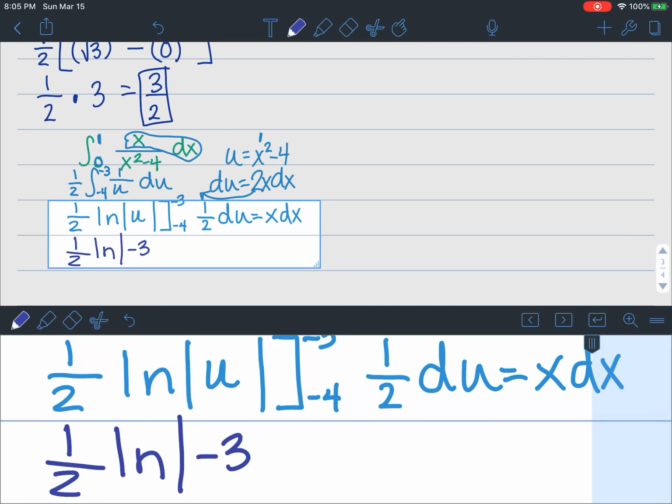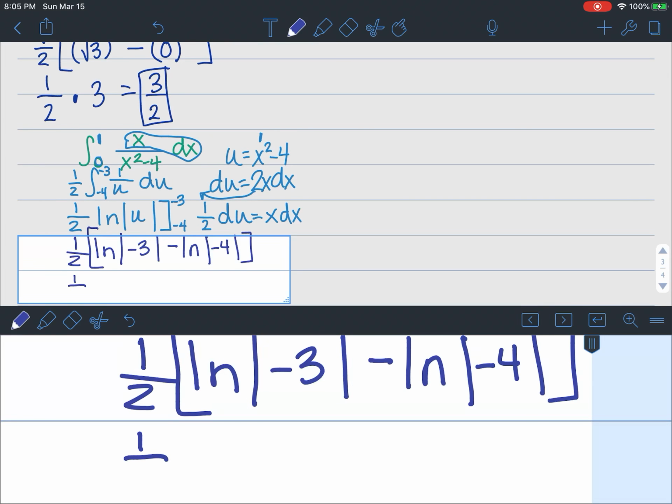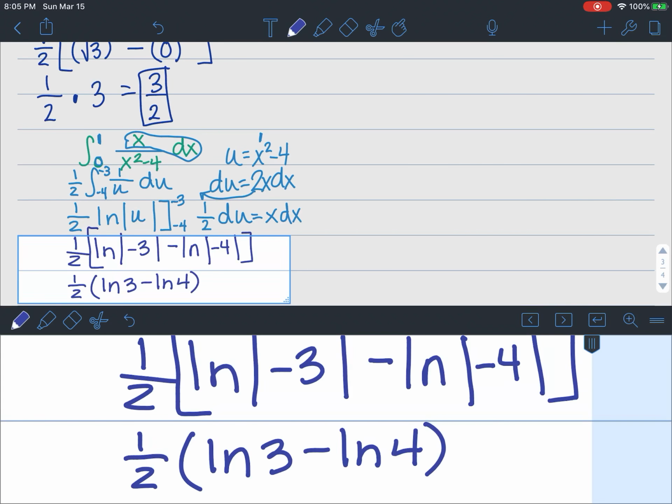So 1/2 ln absolute value of -3. You know, I'm going to keep this 1/2 all the way on the outside. And then minus ln of absolute value of -4. So that'll be 1/2 ln 3 minus ln 4.